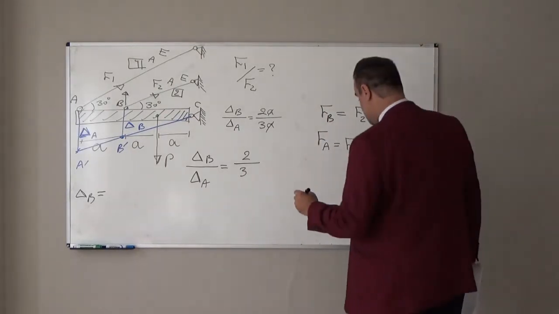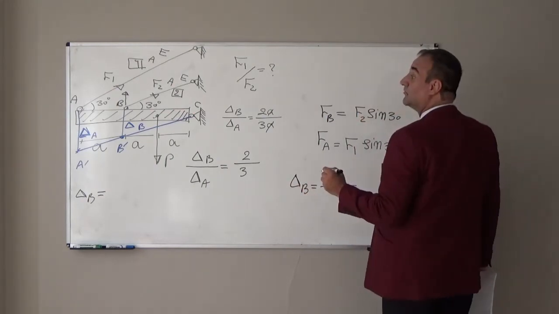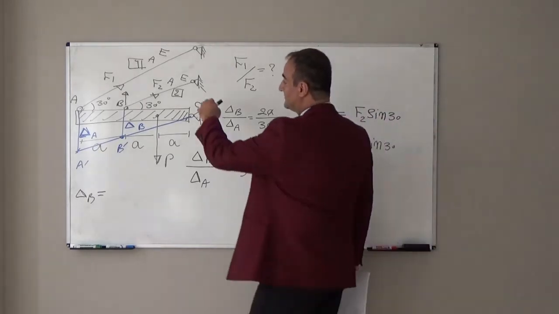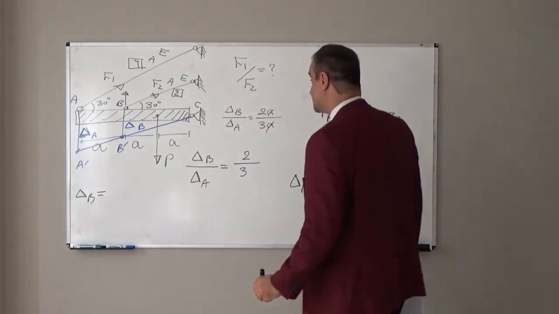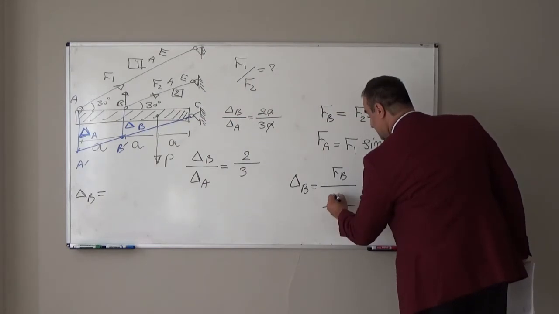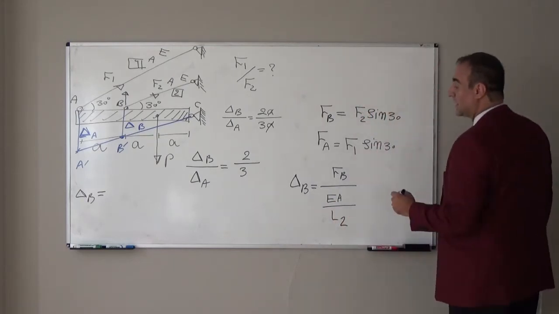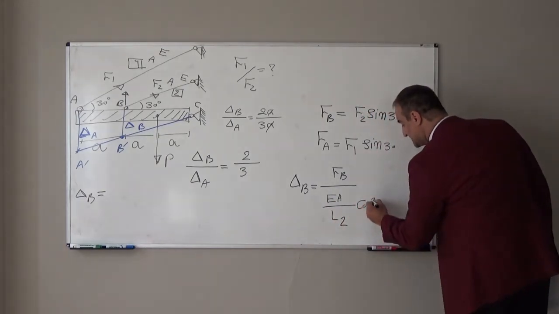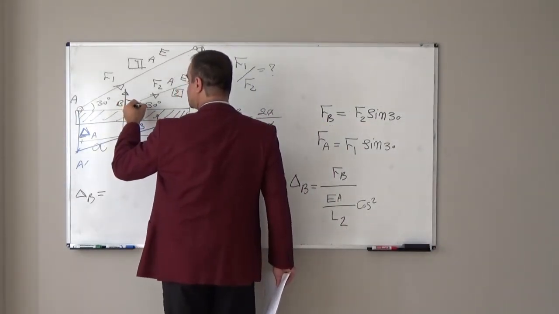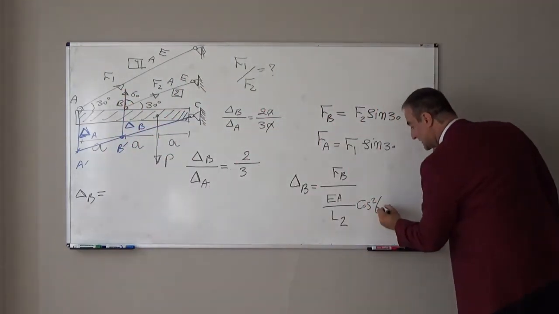So I can write delta B is equal to force at that point, FB, divided by stiffness of this member in the vertical direction. Stiffness of that member in the vertical direction will be EA divided by L2 times cosine square of this angle. If this is 30, this will be 60. So cosine square of 60.